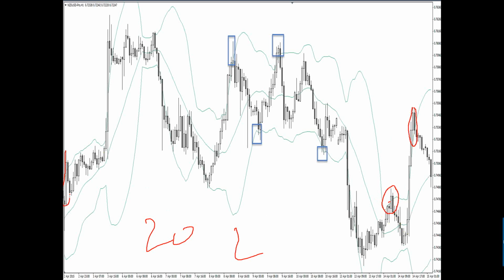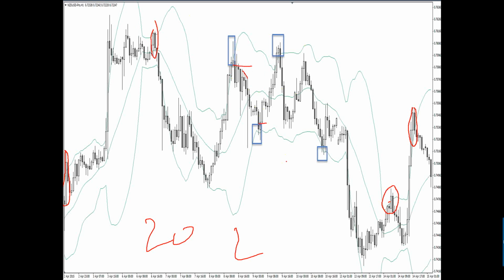Dark cloud again. So the thing is, in this kind of trading, traders usually look for these pin bars, one candle outside, inside rejection, and then they open a sell or a buy trade.